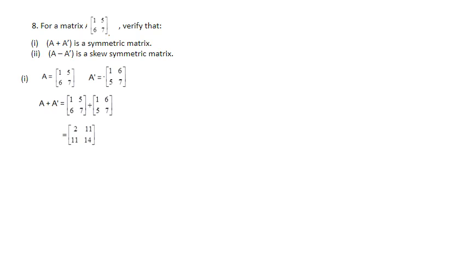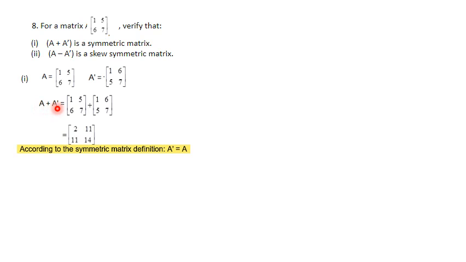So 1 plus 1, that is 2. 5 plus 6, that is 11. Same way, 6 plus 5, that is 11. 7 plus 7, that is equal to 14. Just let us recall the condition for symmetric matrix, that is A transpose is equal to A. Let us take here, instead of a single matrix, here A plus A transpose is there. Of course, it is a single matrix, but calculation part, when you check, it is A plus A transpose.